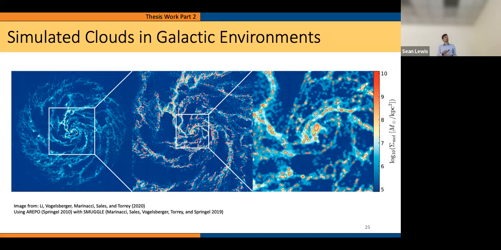The clouds that can be identified out of this galactic simulation are clouds that have formed under a galactic environment. So they're not perfectly spherical or perfectly cylindrical colliding clouds. They're much more self-consistent in their modeling. So it'd be ideal if we could take one of these clouds and use it as initial conditions.